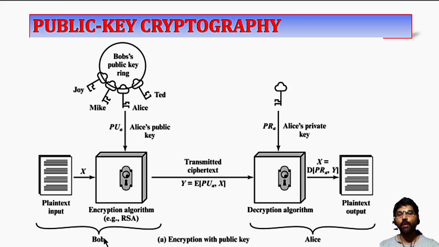Now if Bob wants to communicate with Alice, he takes the public key provided by Alice and encrypts the data and gives it to Alice. Alice can decrypt that data using the private key owned by herself.